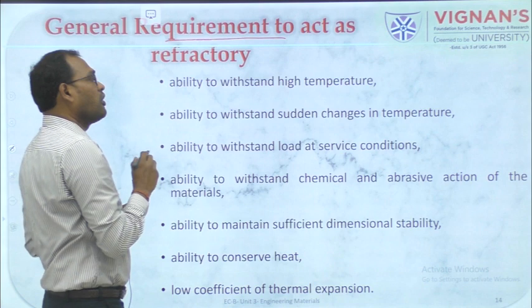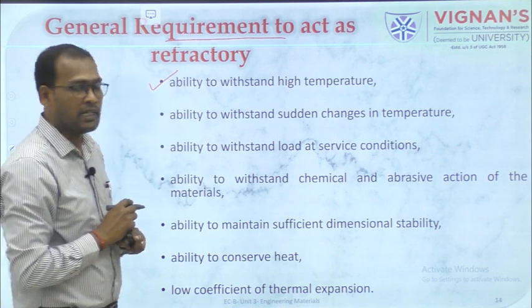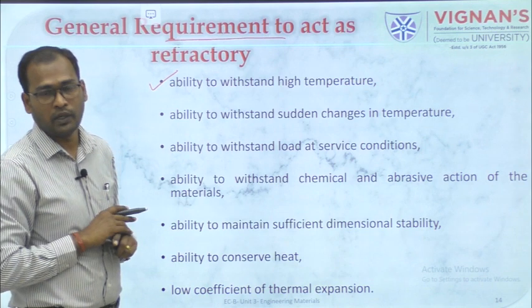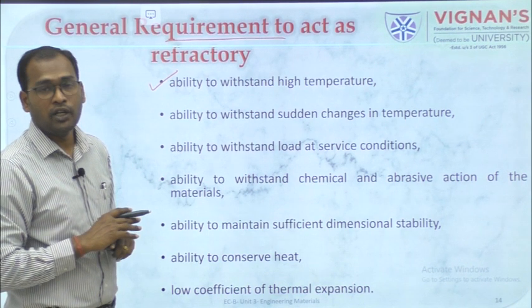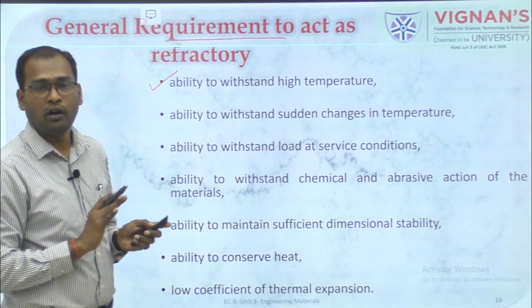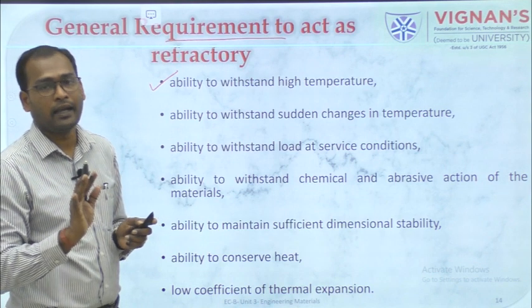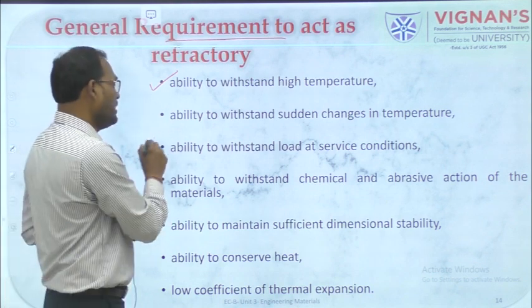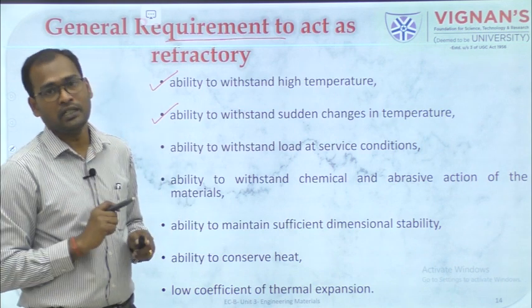The main requirement is that the material should have the ability to withstand very high temperature. It should not get deformed, it should not melt, and it should not change its property at higher temperature. And it should have the ability to withstand sudden changes in temperature.